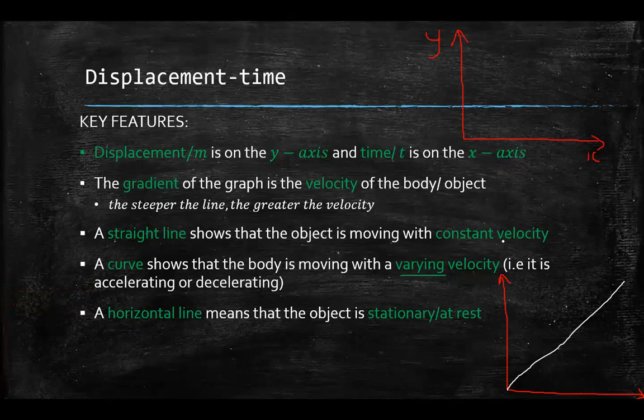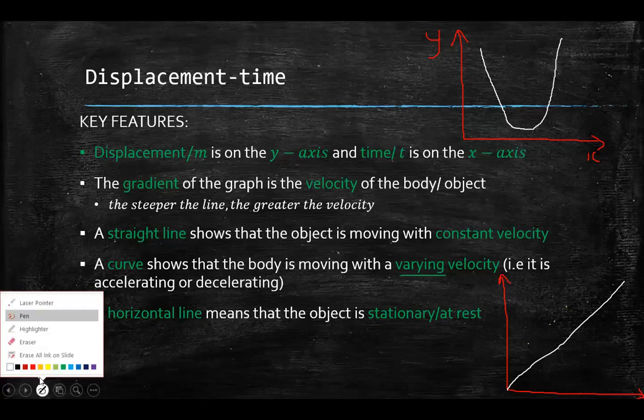But if I have a curve, actually, let me use a parabolic curve. Do you know that the gradients of a curve at different points are not the same? Did you know that? Yes, miss.